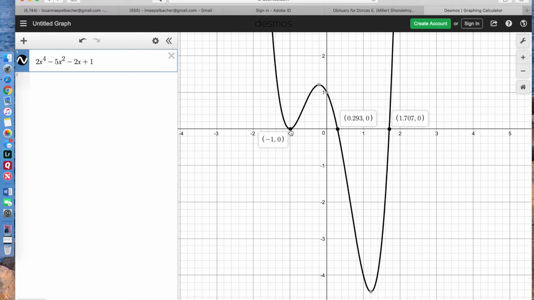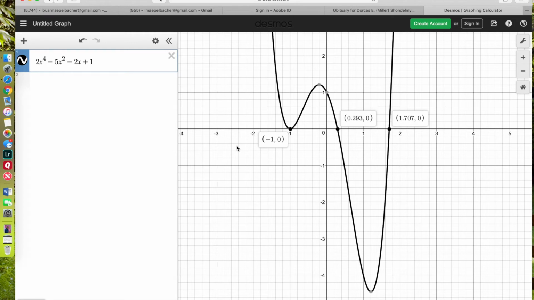So here's the root, and to the left of the root, the function is above the x-axis, and to the right of the root, the function is above the x-axis. And when both sides of a root are on the same side of the x-axis, you will find that that's a double root, which means -1 is a root twice.